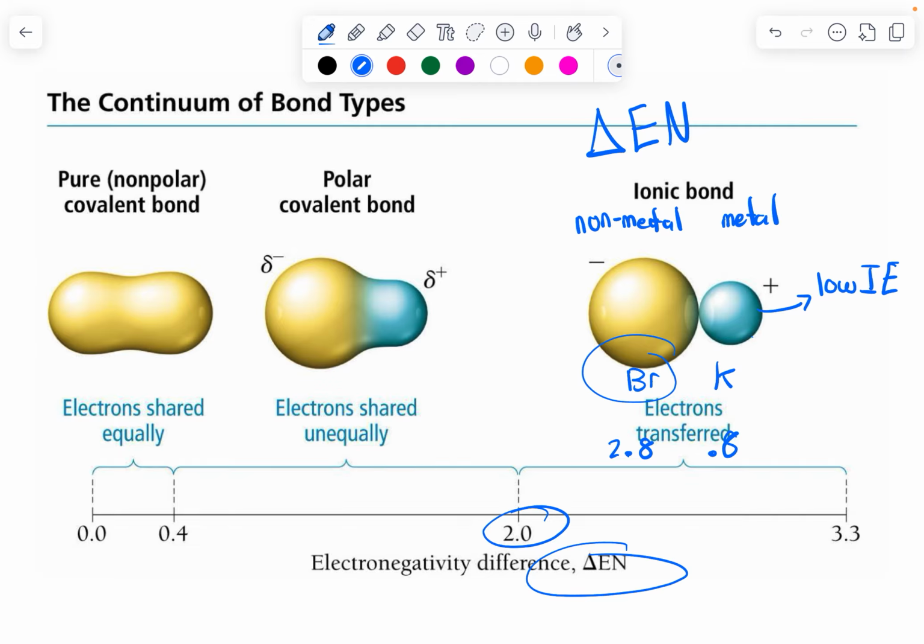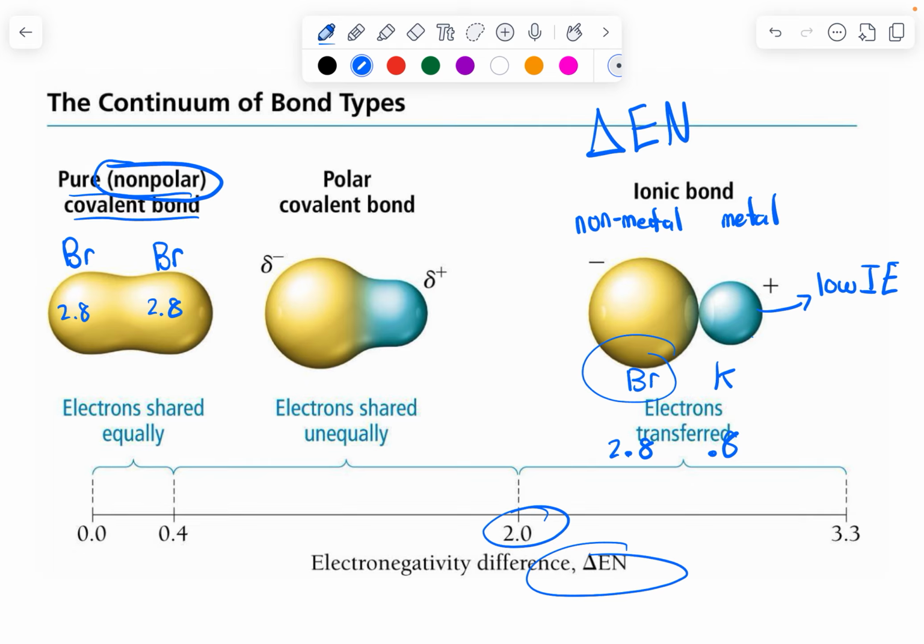Okay? On the other side, the pure covalent bond, or what we call nonpolar, we'll get to that in a second, is ones where the electrons are shared exactly equally. So our example above was bromine, Br and Br. We said that had a value of 2.8 and 2.8. So think of this like a tug of war where the two atoms are equally strong. If they're equally strong, no one's going to get more of the rope than the other person, right?